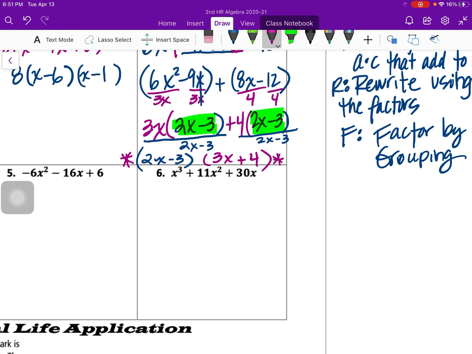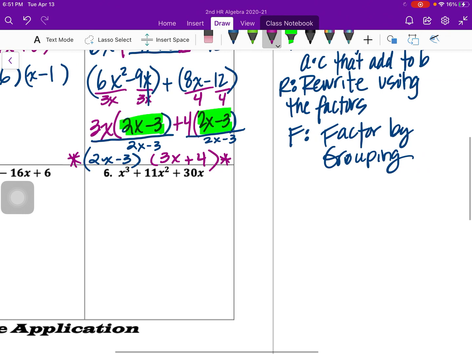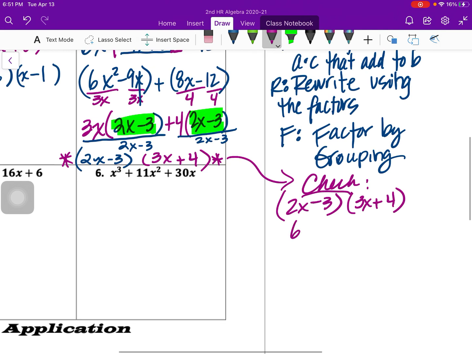How do I know for sure that it's my final answer and that it works? Because I can check it. So let's go right over here and let me show you the check. Okay, so when I check it, I have 2x minus 3 and 3x plus 4. So if I FOIL this back together, product of my first is 6x squared.